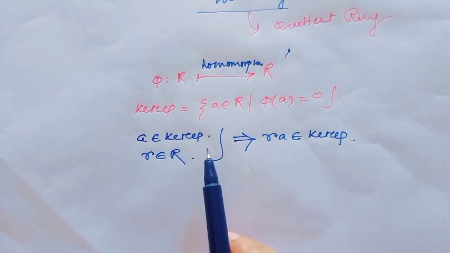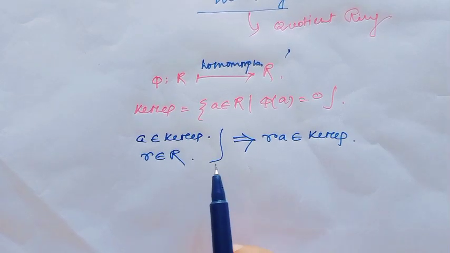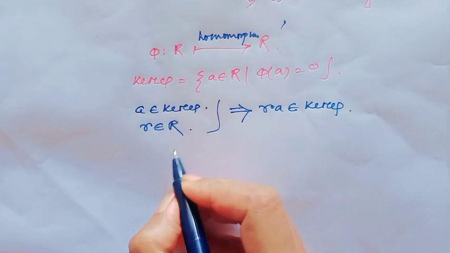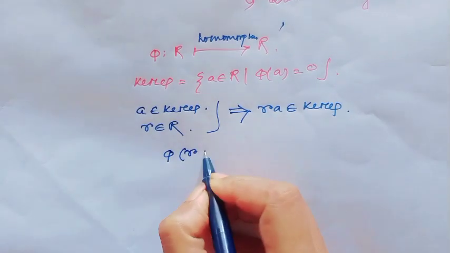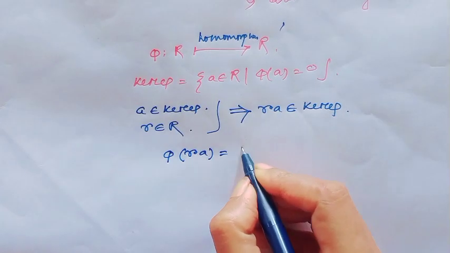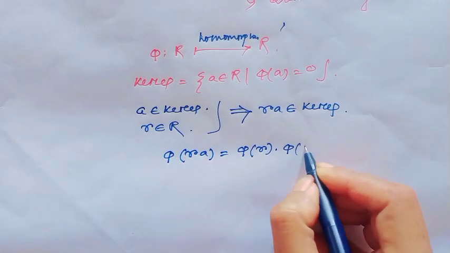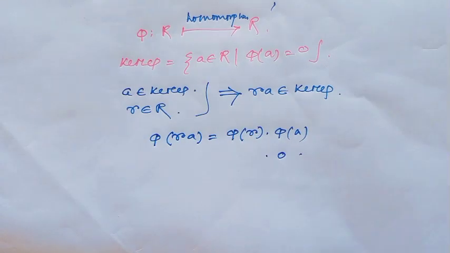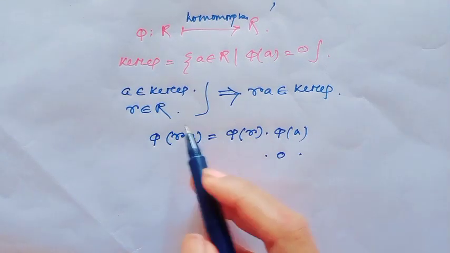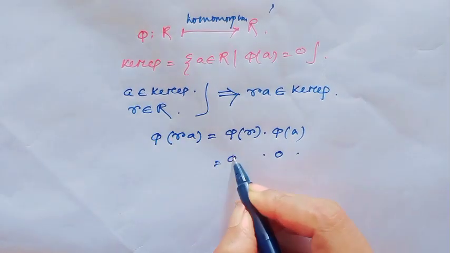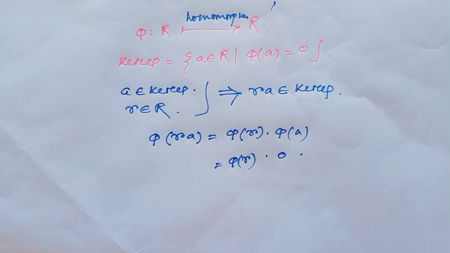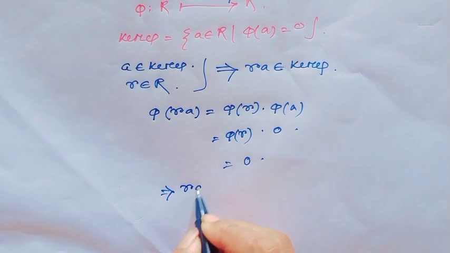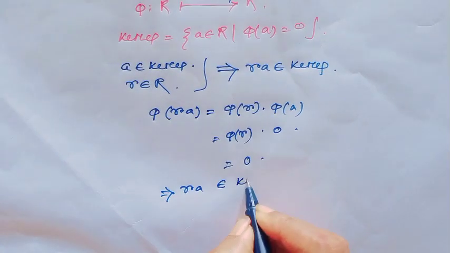For this, if a belongs to ker phi and r belongs to the ring R, we have to prove ra belongs to ker phi. Since phi is a ring homomorphism, phi(ra) equals phi(r) times phi(a). Since a belongs to ker phi, phi(a) equals 0, and phi(r) is something arbitrary. Then phi(r) times 0 equals 0, which implies ra belongs to ker phi.